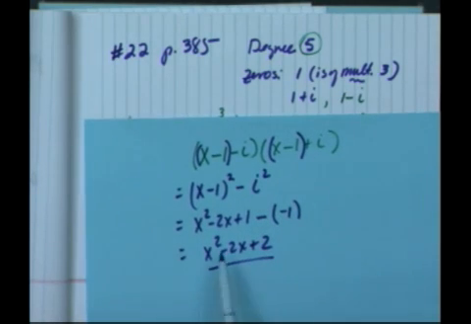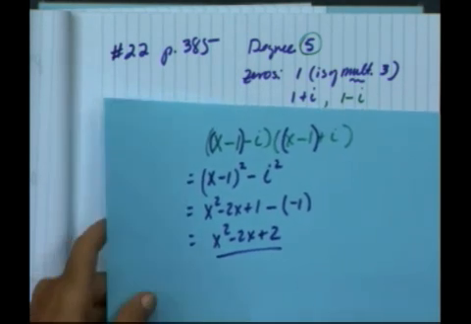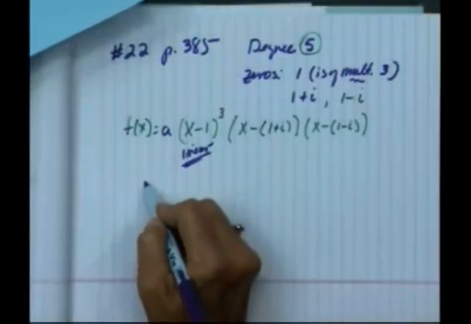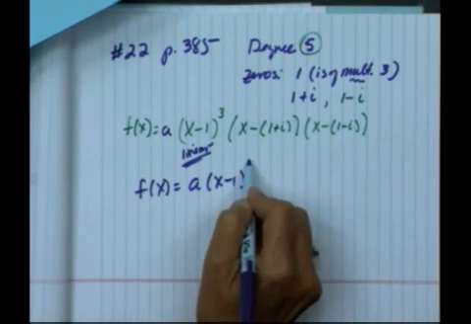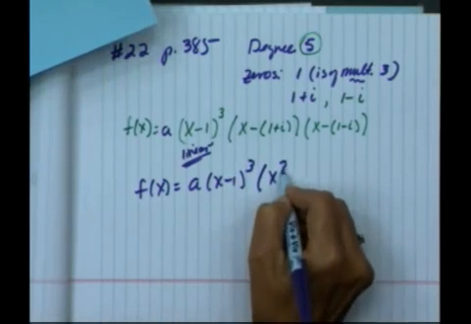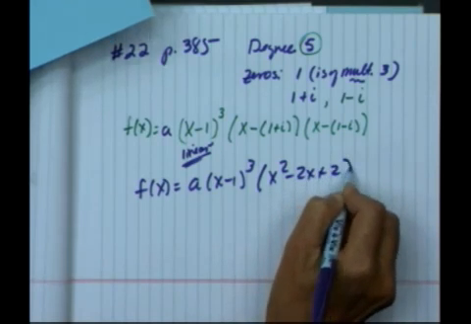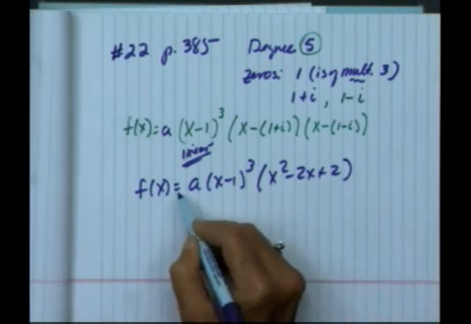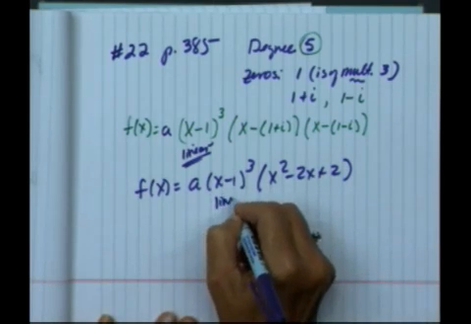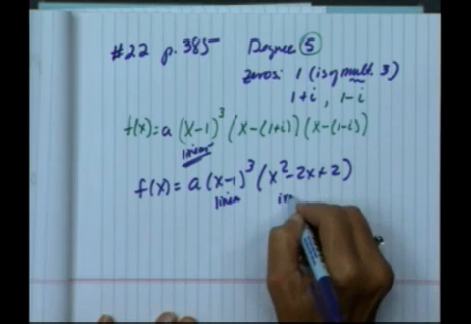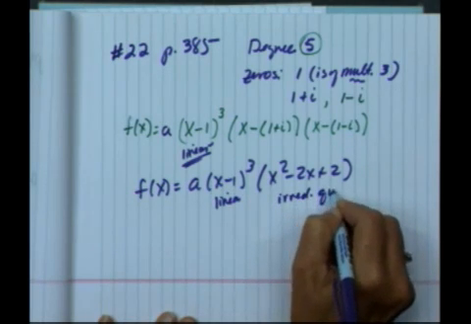Why is this called an irreducible quadratic? You can't factor it with real numbers, so you can't factor it any further. So f of x equals a times x minus 1 cubed times x squared minus 2x plus 2. So we have it written as a product of linear factors and irreducible quadratics.